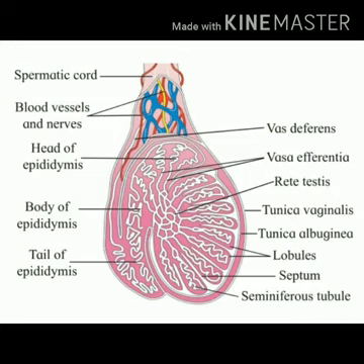You can see the seminiferous tubule of testis at the posterior surface form a network of tubule called rete testis. This is the point number 3. Point number 4. From this rete testis, 12 to 20 fine tubules arise. These tubules are called vasa efferentia.